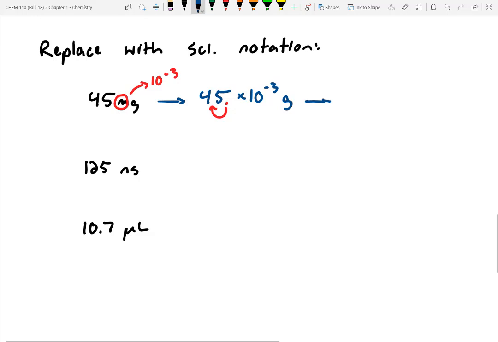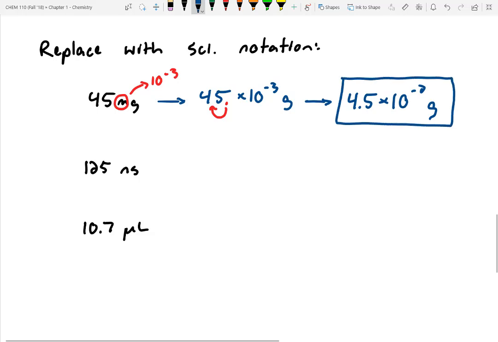When we move it to the left, does the power of 10 go more positive or more negative? More positive. So what will our new number be? It'll still be 4.5, but it'll be 10 to the what now? Negative 2, absolutely.